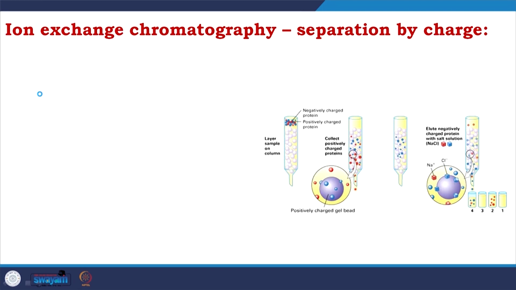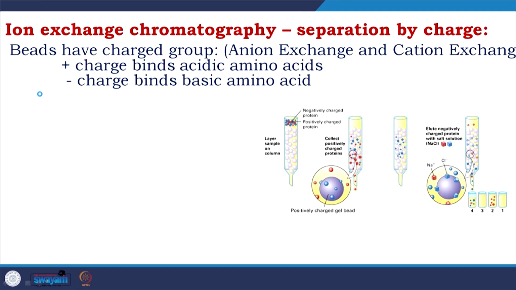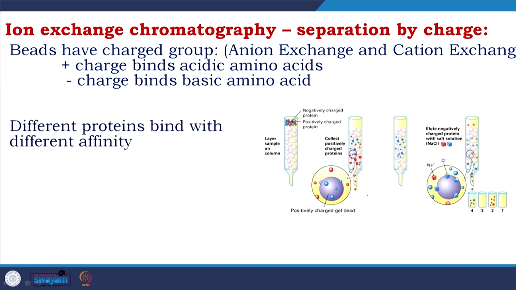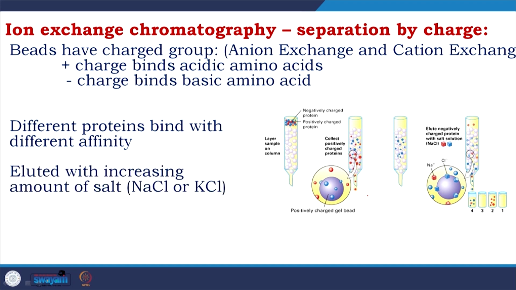Coming to ion exchange chromatography, separation by charge. If you see the charged beads, they are positively charged or negatively charged. So, beads have charged groups, anion exchange and cation exchange. Positive charge binds acidic amino acids and negative charge binds basic amino acids. Different proteins bind with different affinity depending on their contents of positive or negative charged amino acids.